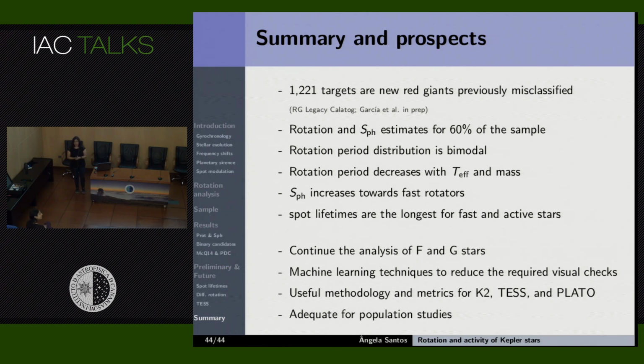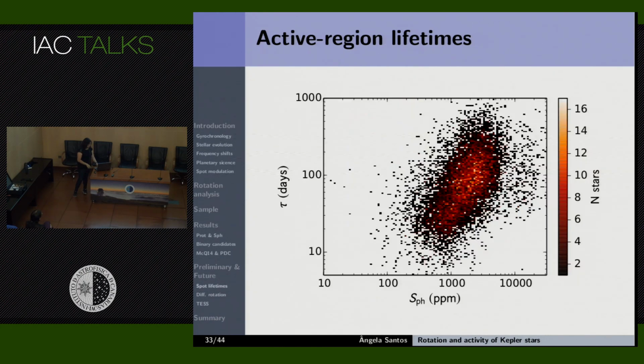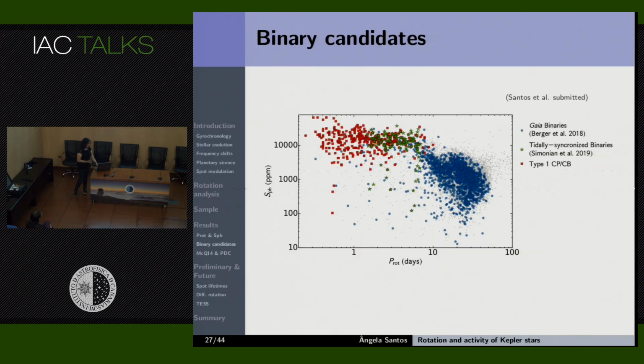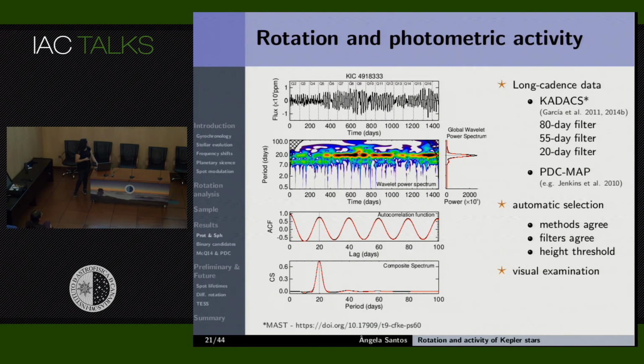Okay, and just one technical thing. When you say composite spectrum, CS, is it just a kind of collapsed wavelet spectrum? The collapse is the global wavelet spectrum. But when you say CS? It's the product between the global wavelet spectrum, so the collapse of the wavelet analysis, and the autocorrelation function.